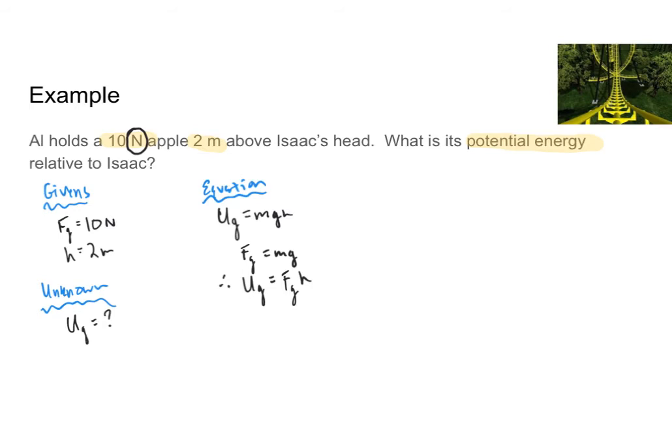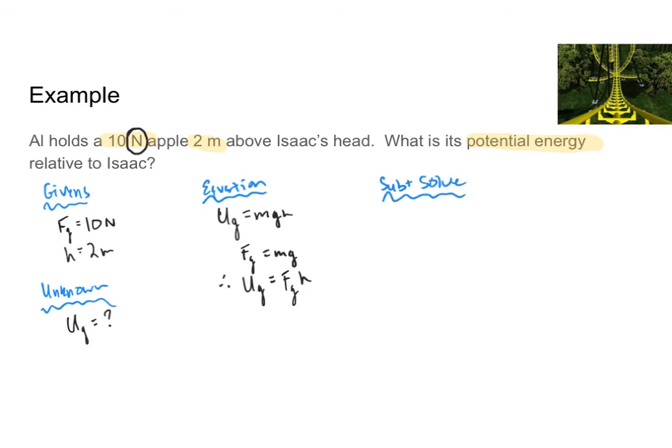So here's our equation, and you'll notice that my equation has my unknown by itself and has substituted in my givens in a way that makes sense. So instead of having mg and having to find that in my substitute and solve stage, I have shown how I can go from mg to weight. So now I'm ready to sub and solve.